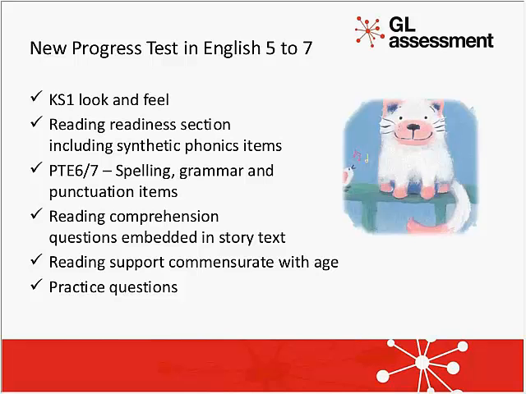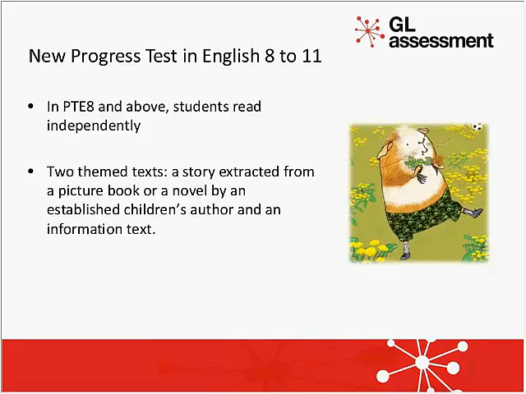A little further up, 8 to 11, from age 8 and above, the expectation is that the students read the passage and the questions independently. By this age, there are 2 themed texts, and the texts are well-known texts extracted from picture books and children's authors, and this should be very age-appropriate and very engaging.